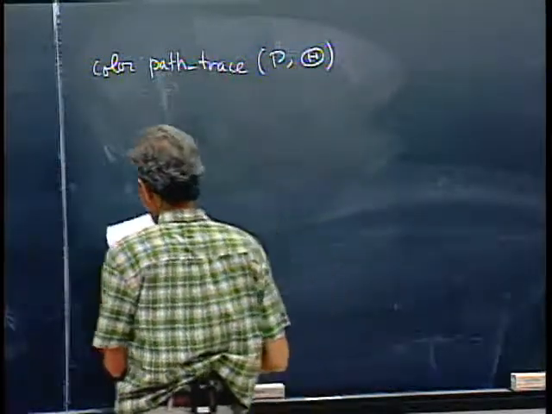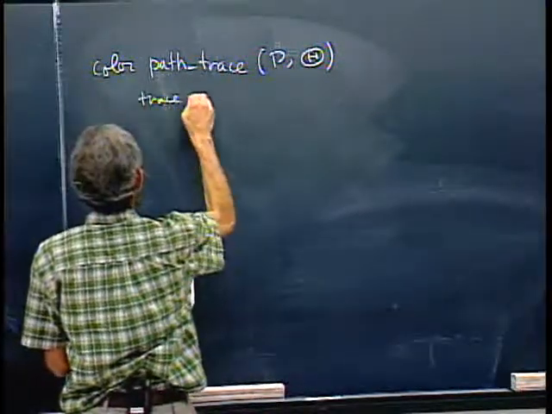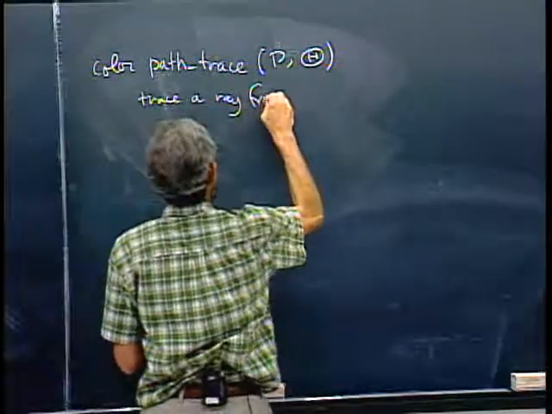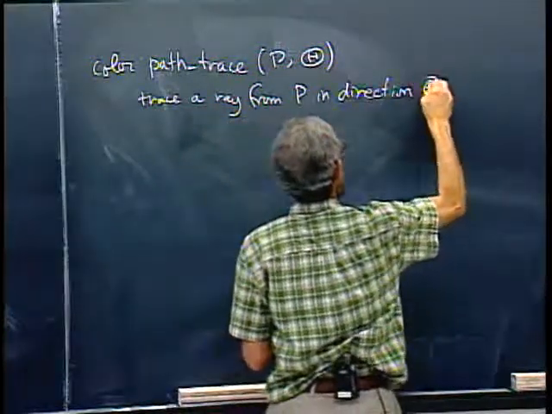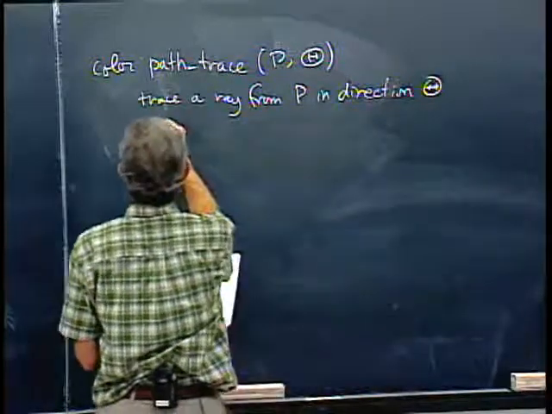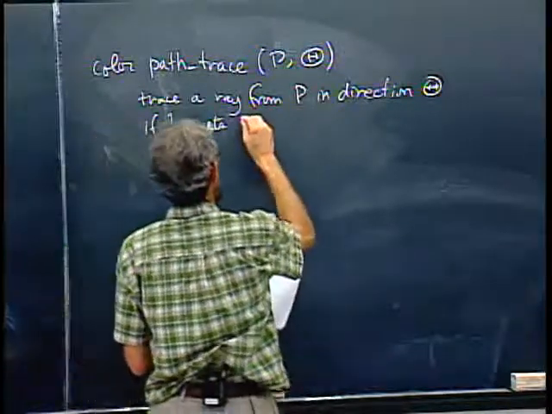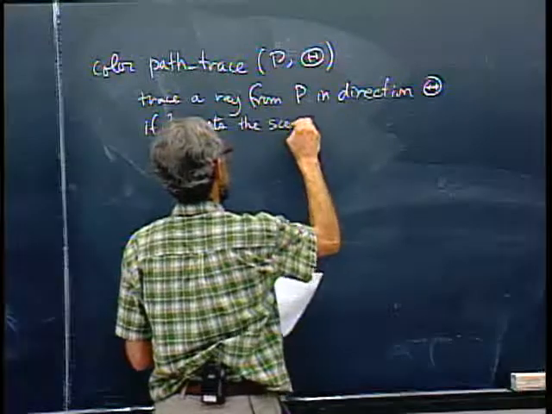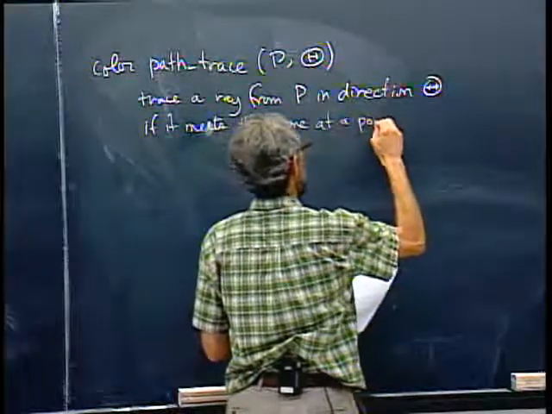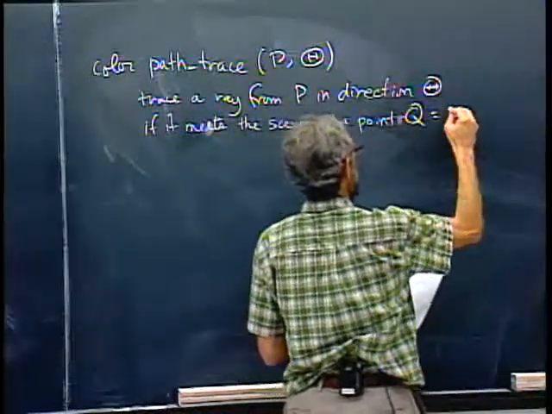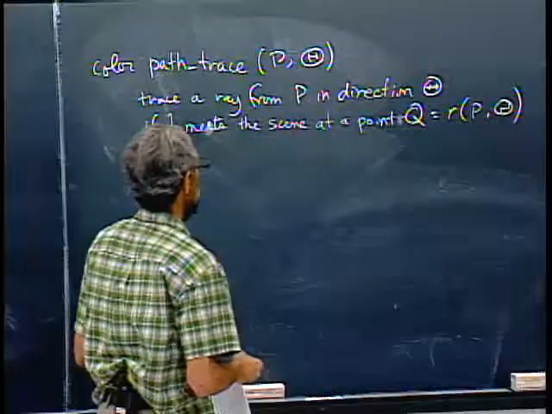And what you want to do is trace a ray from P in direction theta, and if it intersects the scene objects at point Q. That Q is what happens when you do the ray from P in direction theta, according to your ray tracing into the scene.